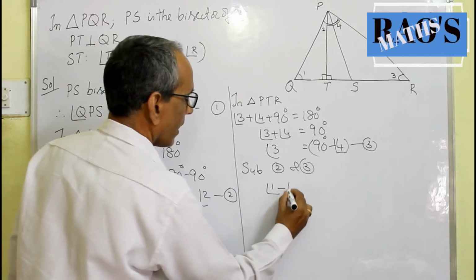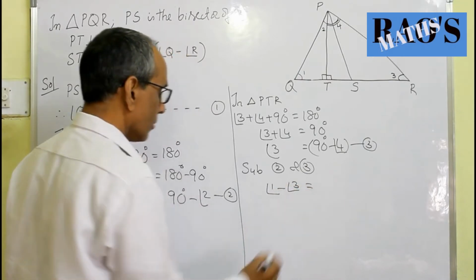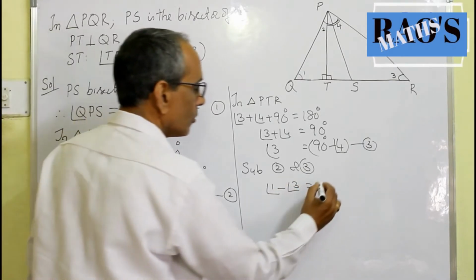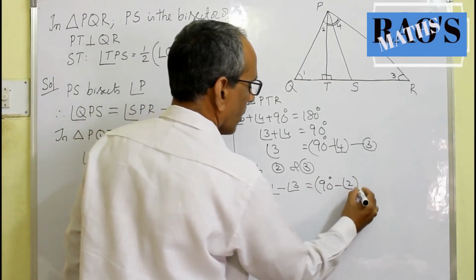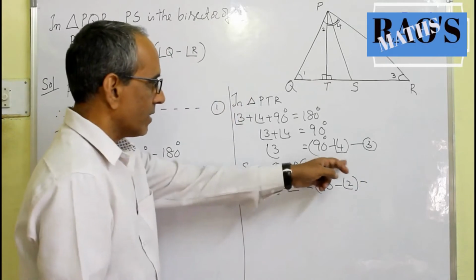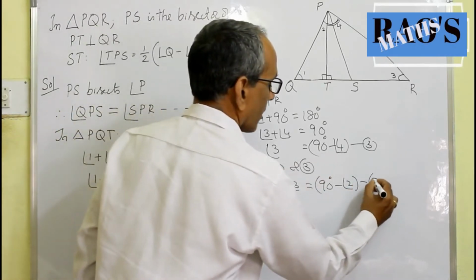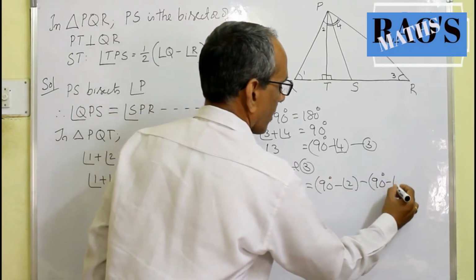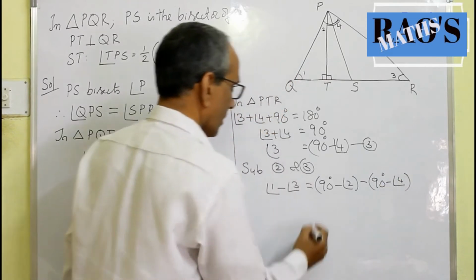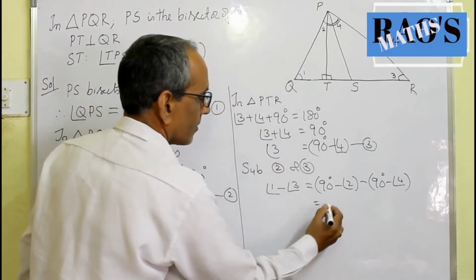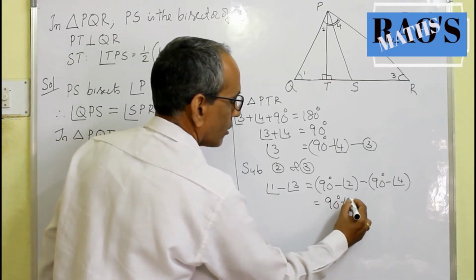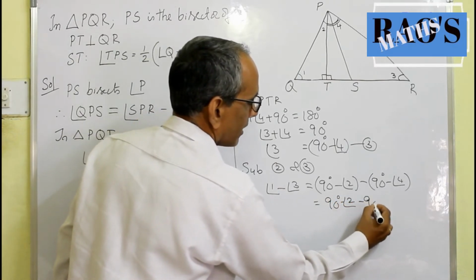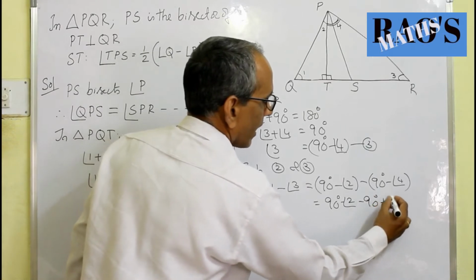Angle 1 minus angle 3 is equal to 90 minus angle 2 minus, in brackets, 90 minus angle 4. Okay. When I remove the bracket, 90 minus angle 2 minus 90 plus angle 4.